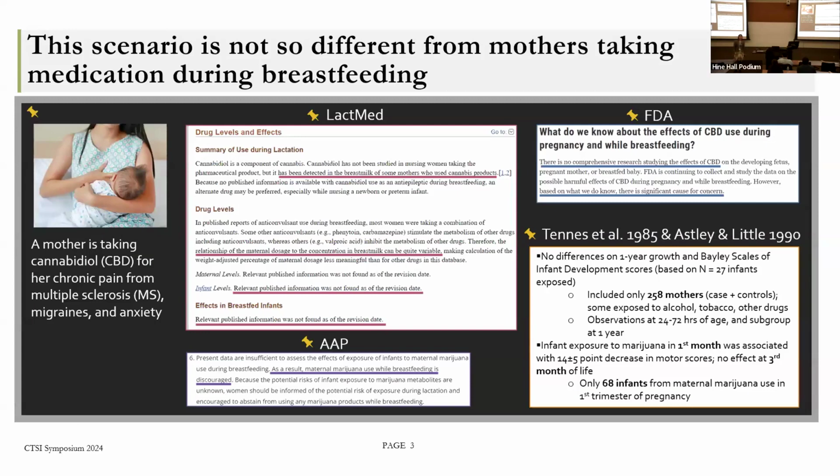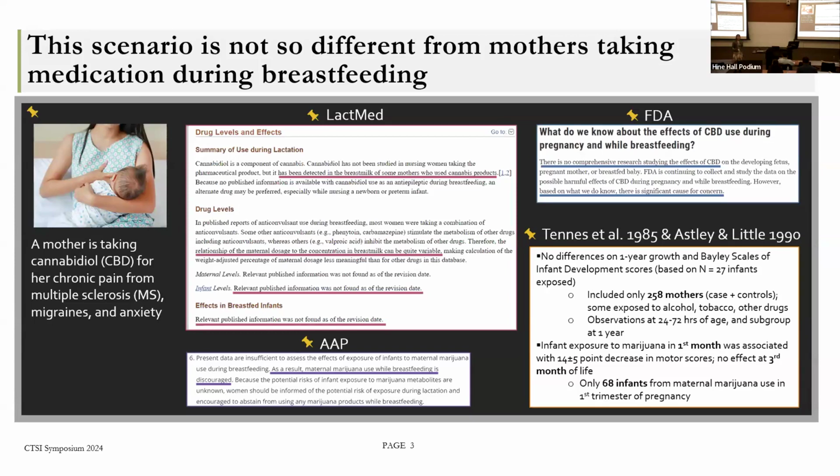I have an example here of a mother who's taking CBD, for example, for chronic pain, MS, migraines. As a clinician, you might look into different resources to advise this mother. So you go into LactMed, which is a database of over 2,000 drugs with available evidence on breastfeeding scenarios. And you see there that it's deemed present in breast milk.